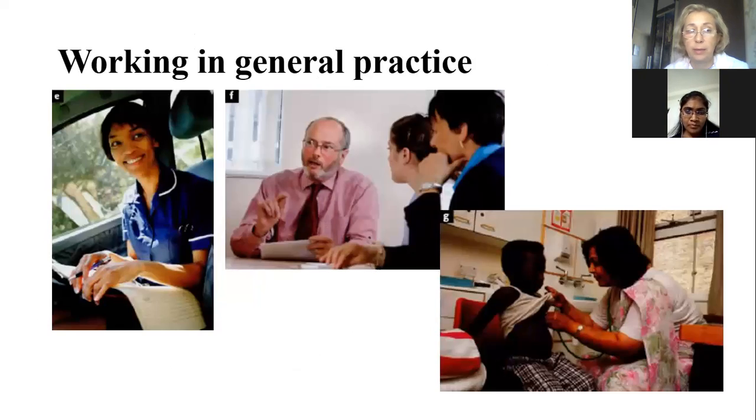Here we can see three more pictures which we should analyze and think of the names of the jobs for these people. What are they? Yes, please. Ma'am, the first picture will be paramedic.